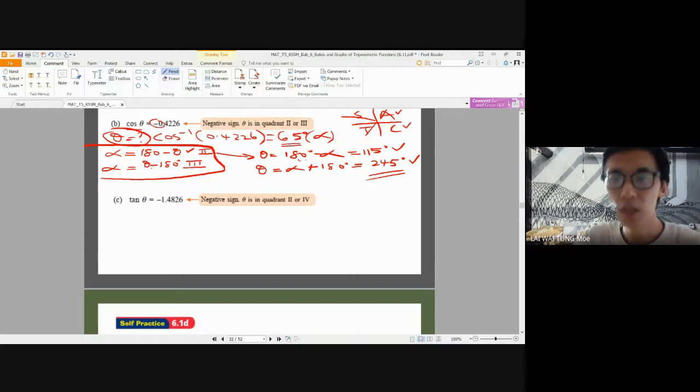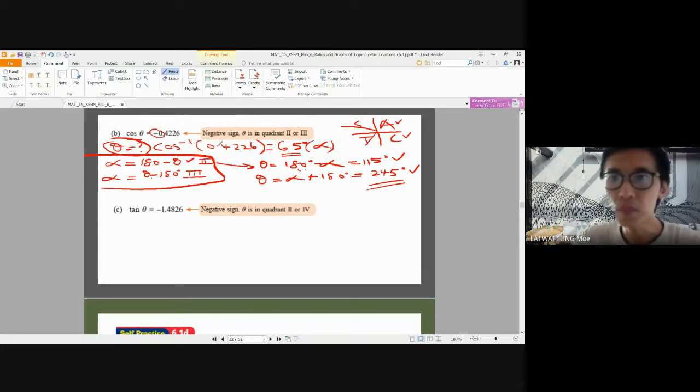So which quadrant is tangent negative? The first quadrant is positive and the third quadrant is positive for tangent. So if tangent is negative, it's either the second quadrant or the fourth quadrant. Okay? So kita sudah tahu dua ini.